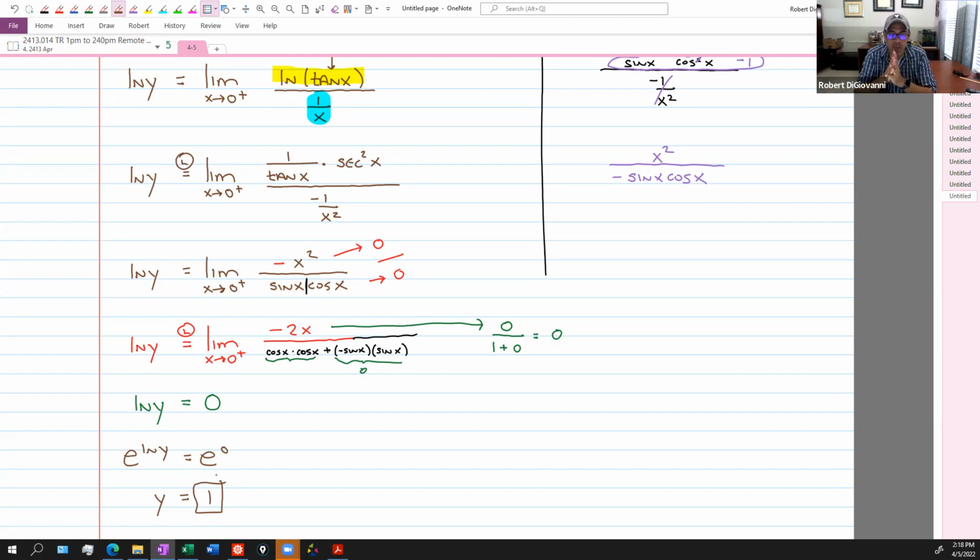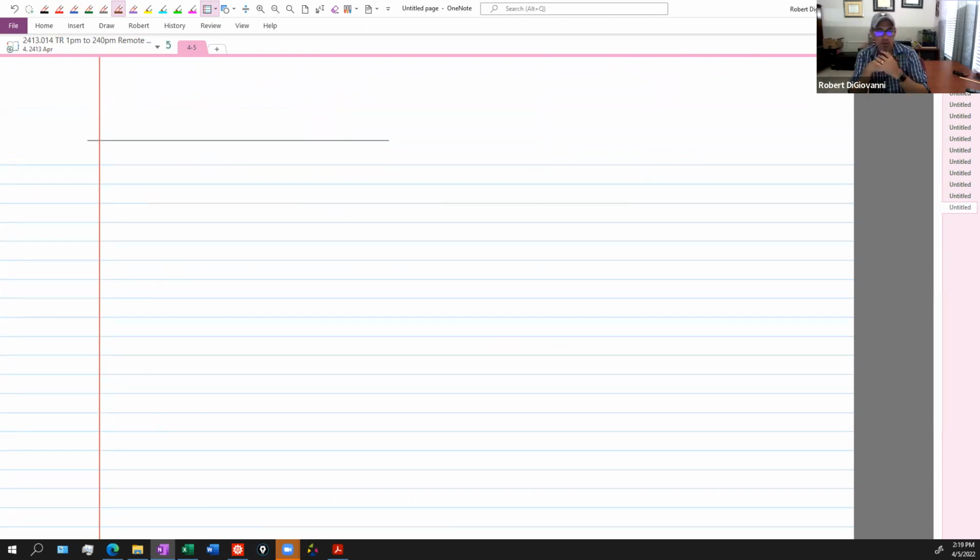All right. We're going to do now our final problem. I think this might be the final problem. This is actually a very, very interesting limit, as you'll see when we get to the final answer. What is the limit as x goes to infinity of 1 plus 1 over x raised to the x?